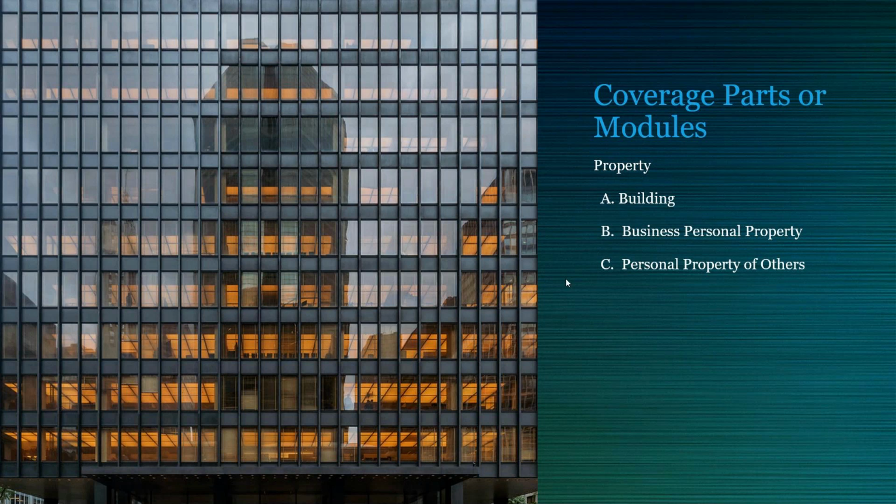Replacement cost means to replace your home brand new. Actual cash value is giving you used value for your belongings, like your TV and your clothes. For a business, we give you actual cash value for the building, actual cash value for your stuff, and actual cash value for other people's stuff under your care.